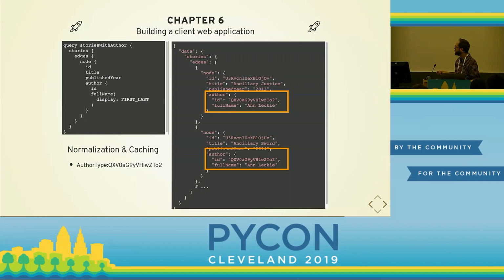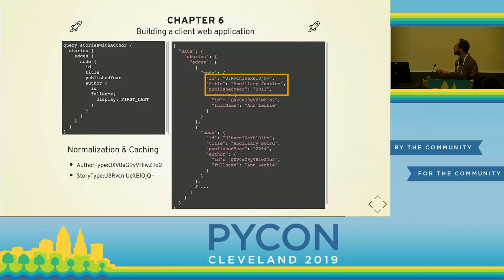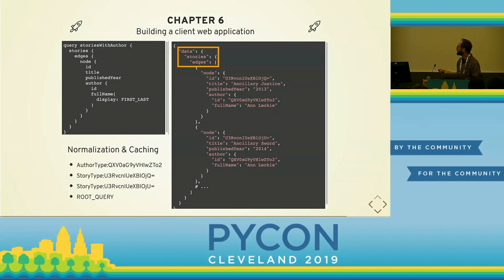Apollo is going to normalize that and store the author as one key in its cache. And it's going to store a different key for the first story and the second story that references the author key that we already have over here. And it'll also store a root query that has a reference to both the stories that we've resolved.